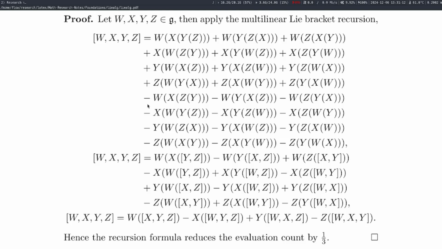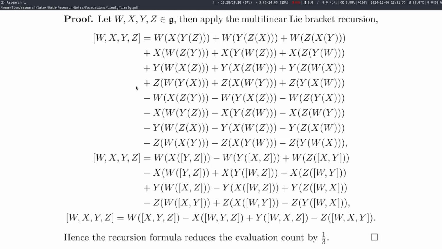And now what we can do is this plus w of x of y of z and this w of x of z of y can be replaced by w of x of the bilinear bracket yz. So that removes this minus term here.